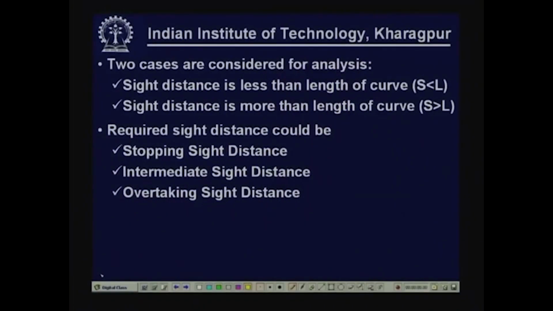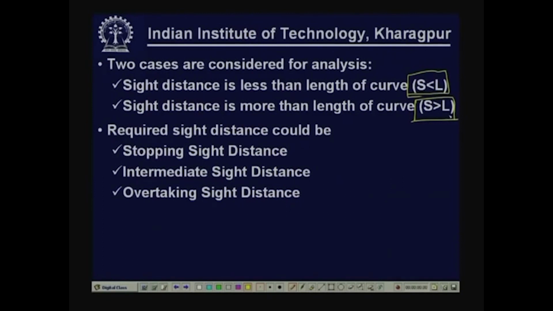One is sight distance less than the horizontal length of the curve. If we denote sight distance as S and length of the curve as L, then this is S less than L. The other case is S more than L. Both cases should be analyzed separately.